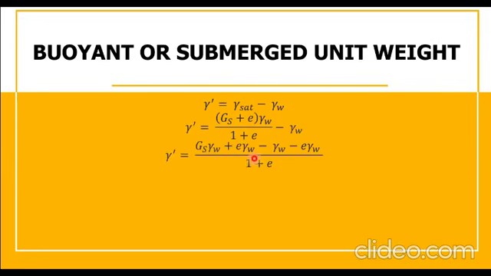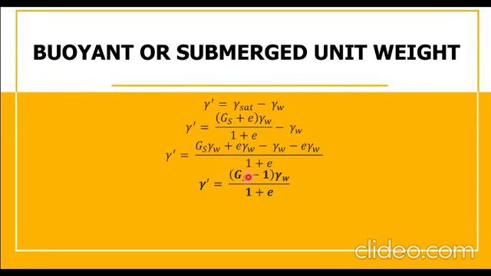Therefore, if we expand, this will be GS times unit weight of water plus E unit weight of water minus unit weight of water minus E unit weight of water all over 1 plus E. And this will be cancelled. That's why GS minus 1, because this will be just GS unit weight of water minus unit weight of water all over 1 plus E.